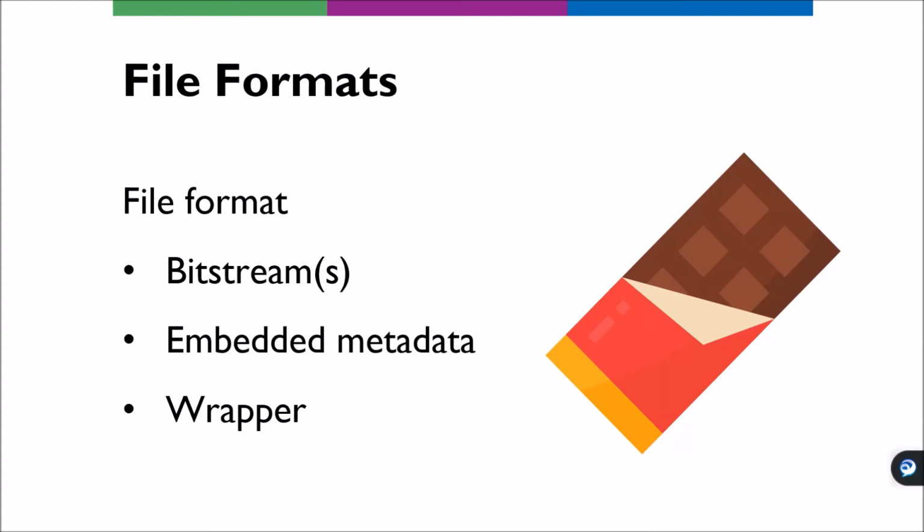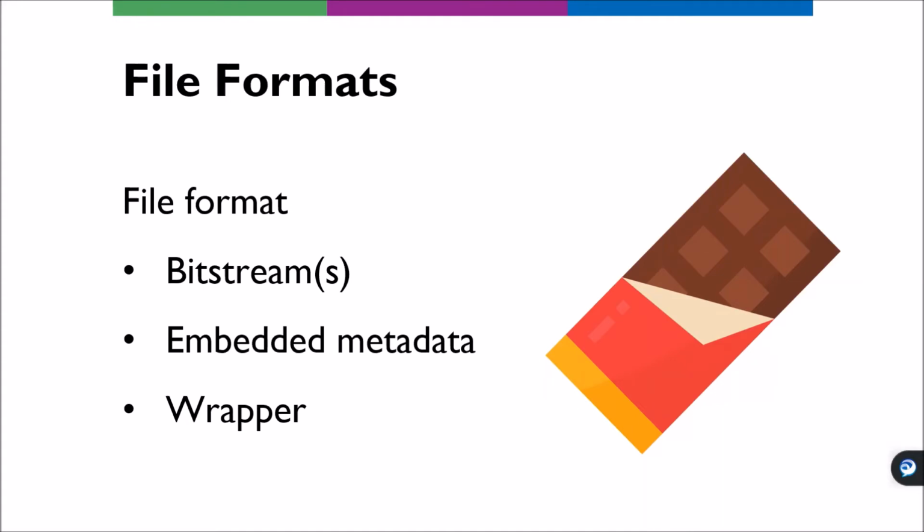Just like a candy bar wrapper, it encapsulates the candy bar, tells you what's inside and its ingredients. We know what's going to be inside when we unwrap that candy bar because of how it's packaged. A file format, which we often refer to as its wrapper, is the set of conventions that define the different elements of a file. The file format defines the bit stream or the data, the embedded metadata, and its wrapper.